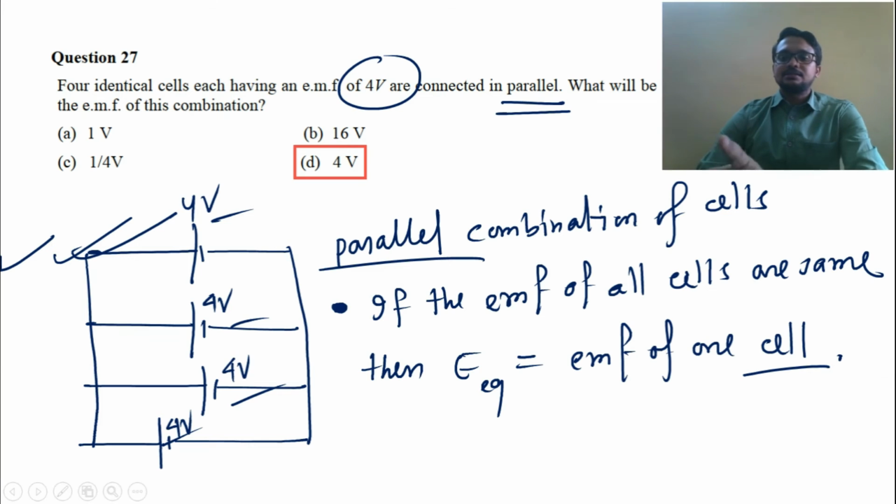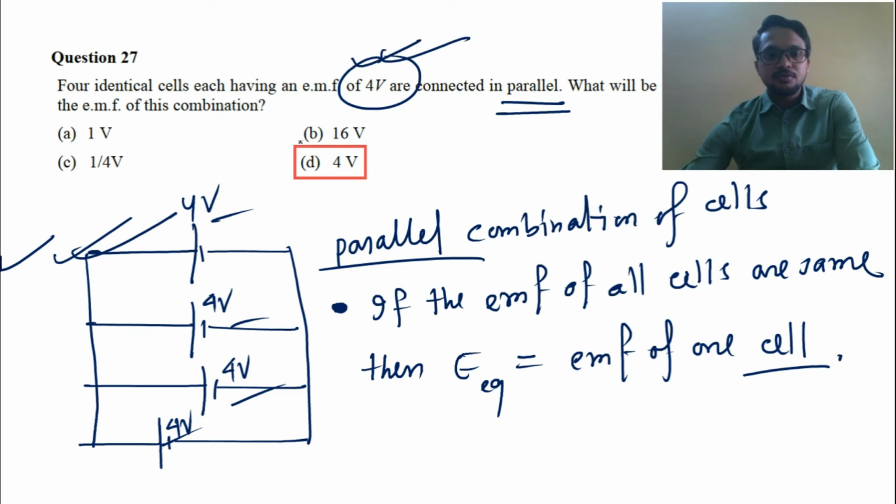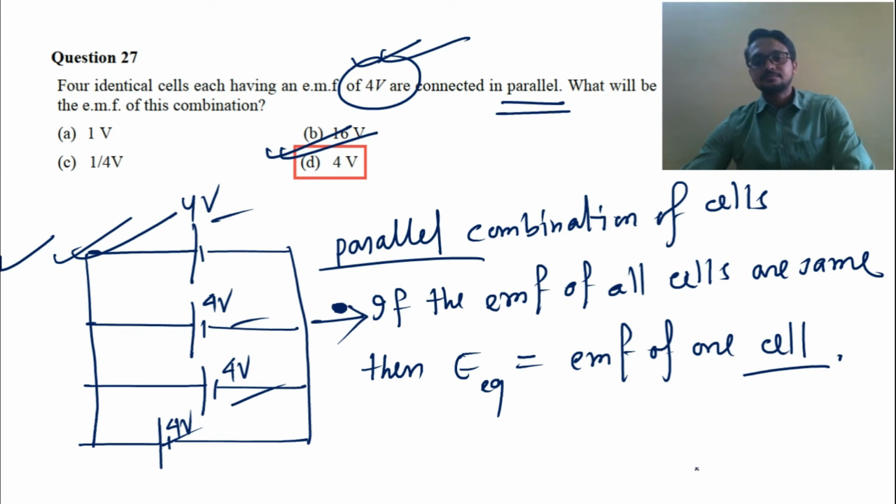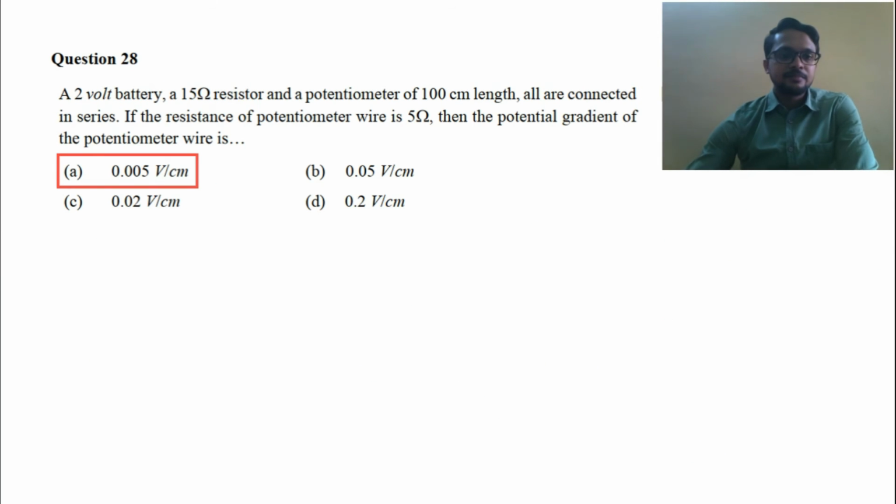The point is that the EMF of all cells should be the same, then the equivalent EMF will be the EMF of one cell, and here the EMF of one cell is 4 volt, so the answer will be 4 volt. Fine, this is the important point here. Question number 28.